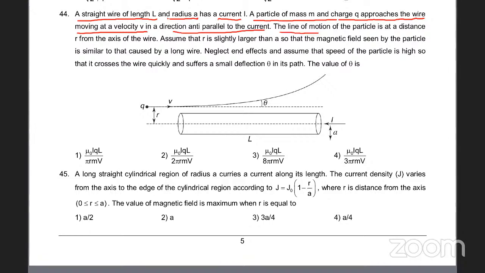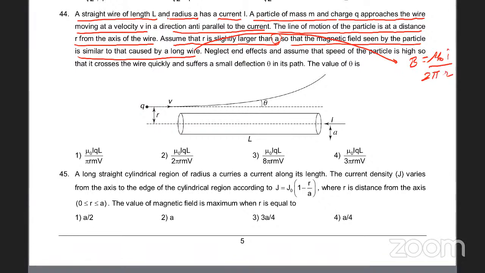The line of motion of the particle is at a distance r from the axis of the wire. Here you have to assume that r is small compared to A, the radius of the wire, so that the magnetic field seen by the particle is similar to that of a long wire, meaning B is equal to mu naught I by 2 pi r.